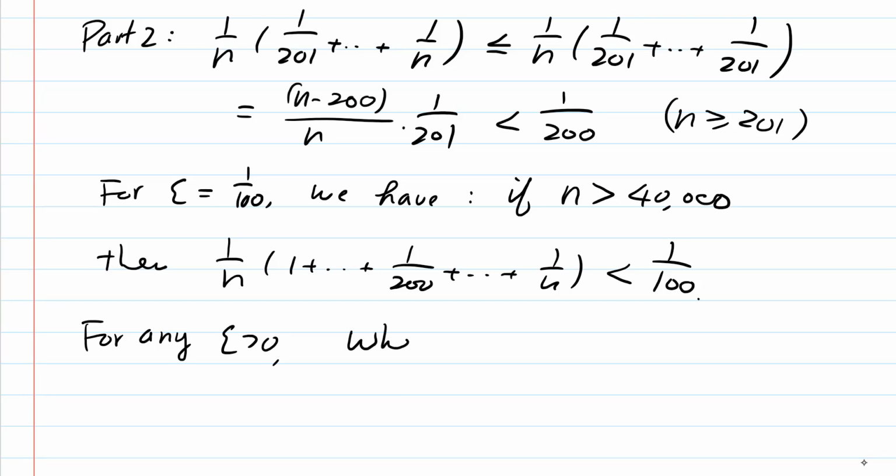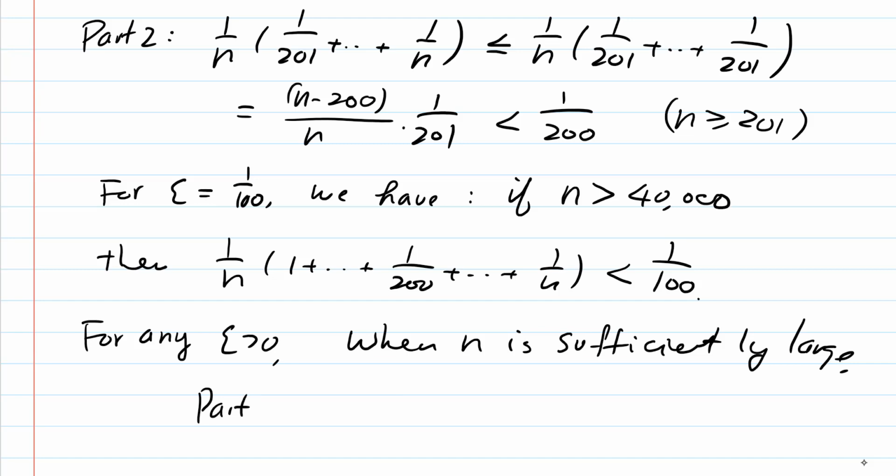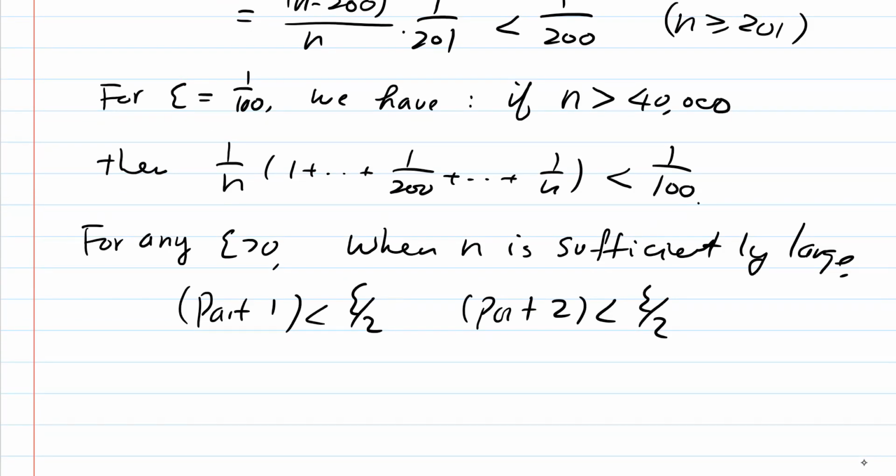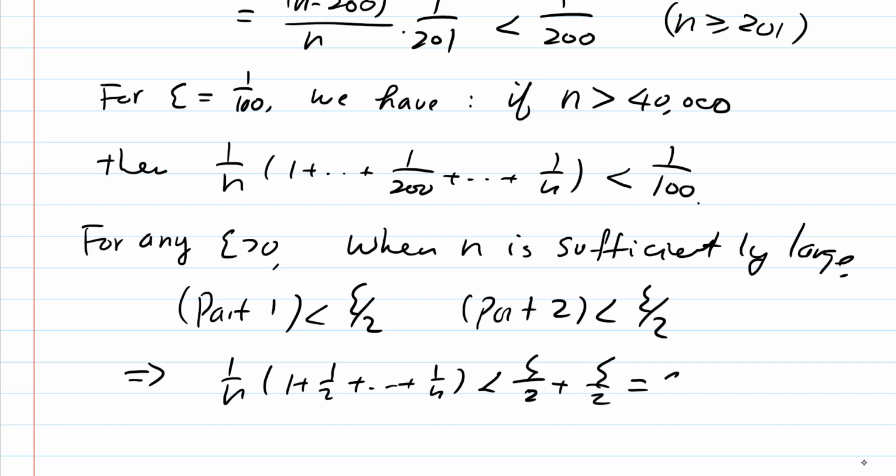So when n is sufficiently large, we can show that part 1 is going to be less than epsilon over 2, and also part 2 is going to be less than epsilon over 2. And then what it means is that 1 over n and 1 plus 1 over 2 plus up to 1 over n is going to be less than epsilon over 2 plus epsilon over 2, and that's going to be epsilon.